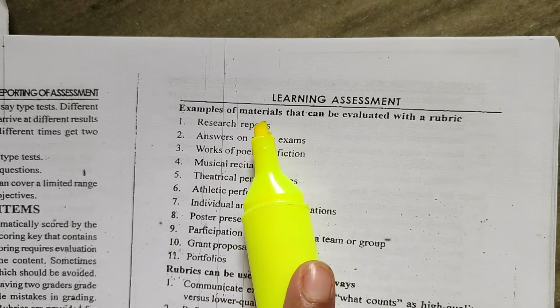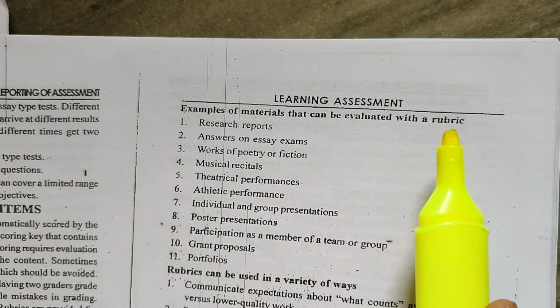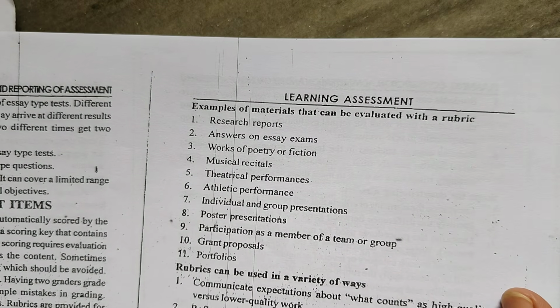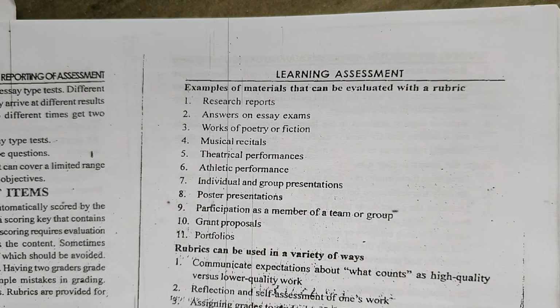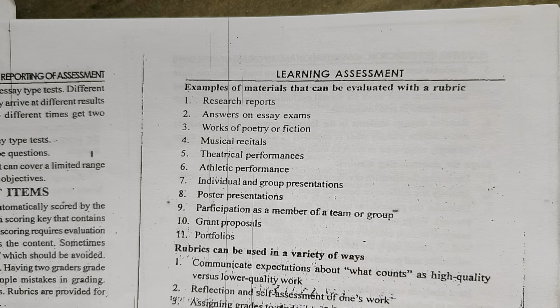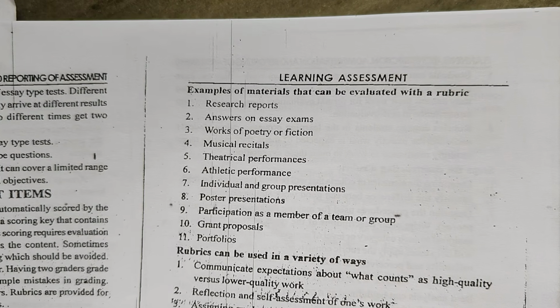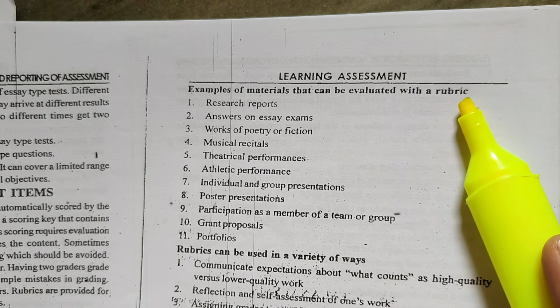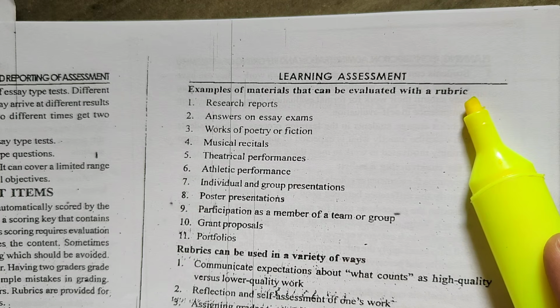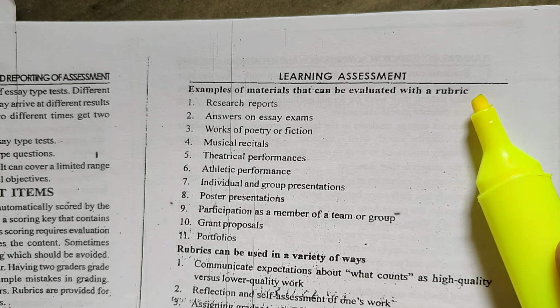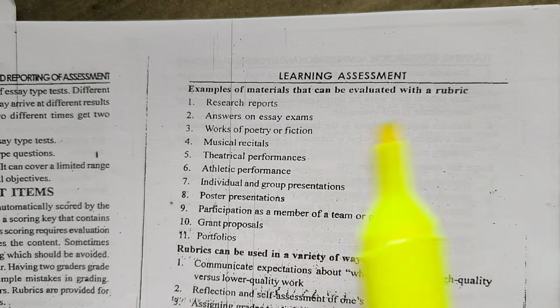Examples of materials that can be evaluated with the rubric. So what materials, where you are using rubric. What is the work of rubrics? To evaluate a product or activity. So where rubrics are used, we will see.